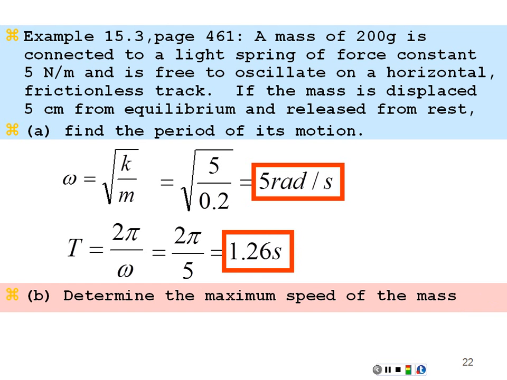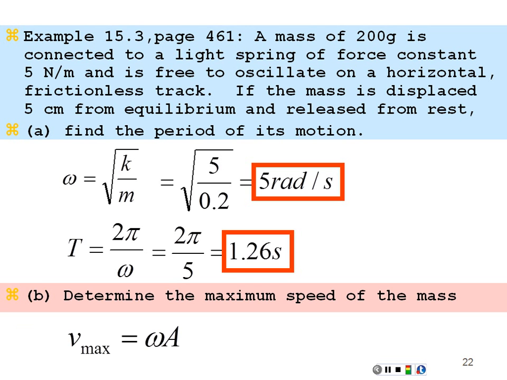What is the maximum speed of this mass? Once I start the oscillation from 5 centimeters, because I have to know the amplitude, I can find the maximum speed. Amplitude is 5 centimeters, because that's how far we pulled it from equilibrium.